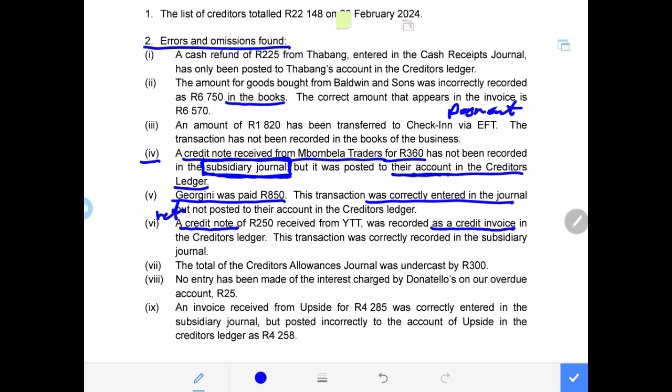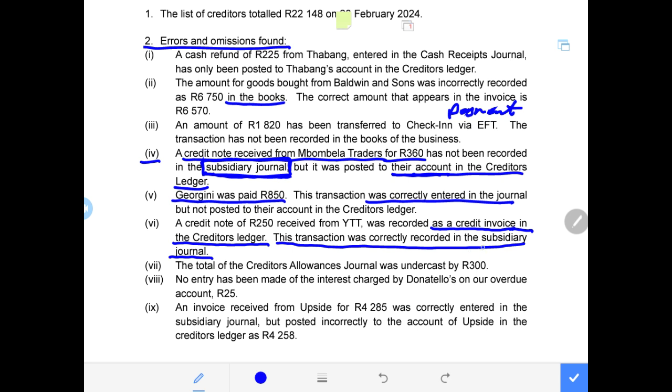The correct entry is that this is a return. So we recorded it as a purchase. And they say it was recorded as a credit invoice in the creditors ledger account. This transaction was correctly recorded in the subsidiary journal. It was recorded in the creditors ledger. So now that means the ledger account of the creditor called YTT.